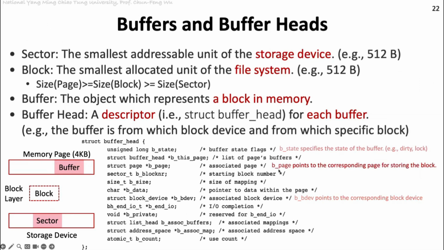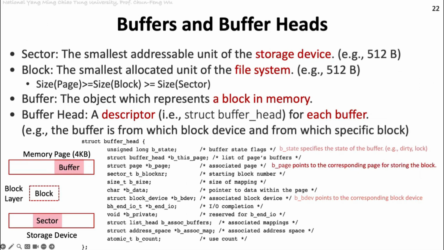Then there's a thing called b-page. This points to the corresponding page for storing the block. This buffer is from a sector, which is smaller than a page, so a page will comprise several buffers inside.